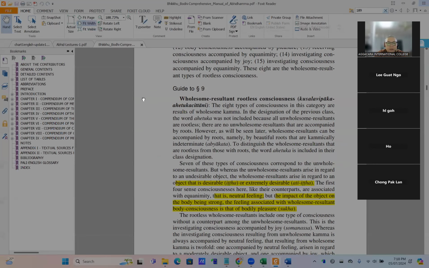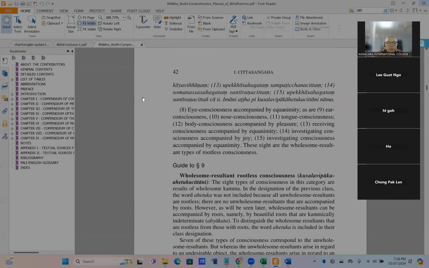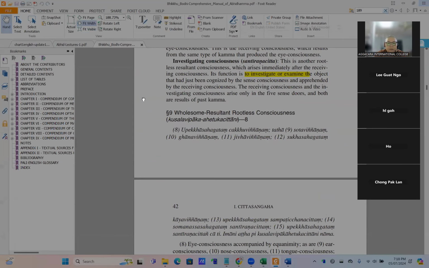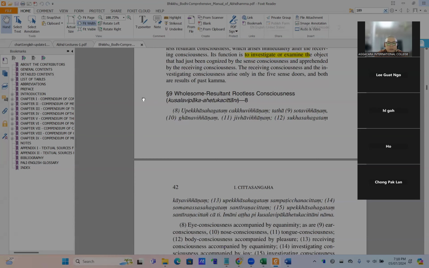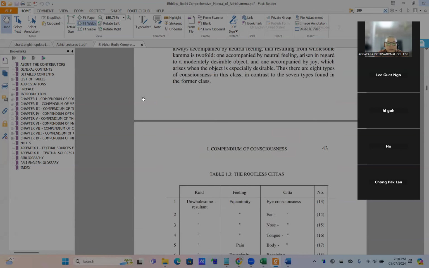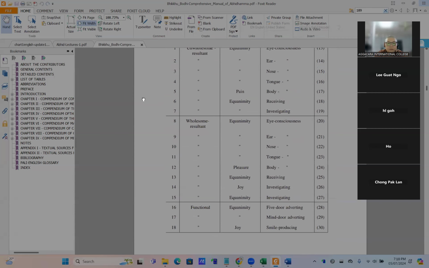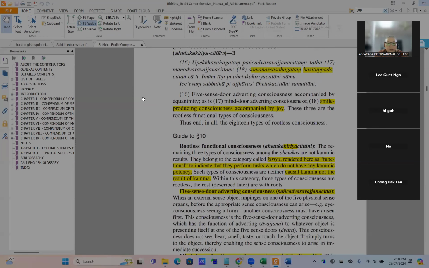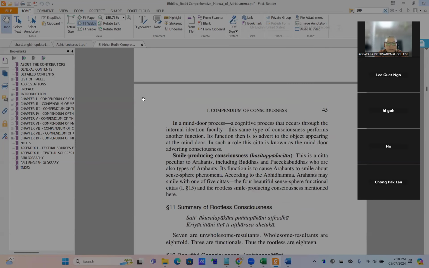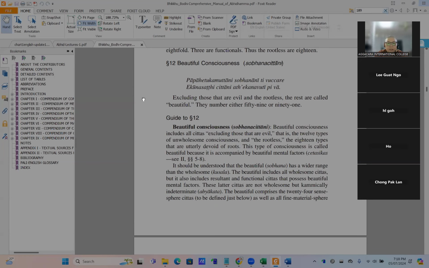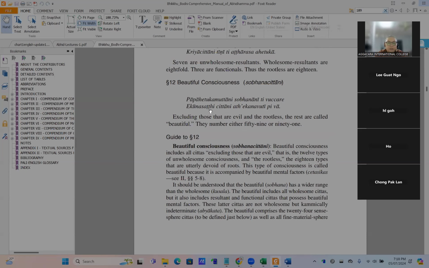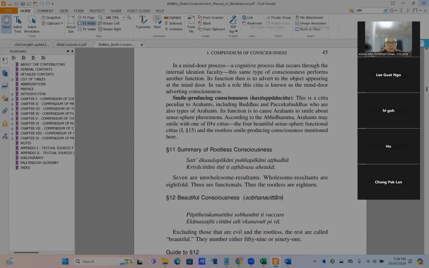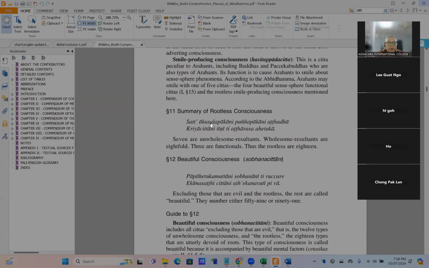It's on page 42. Start from page 45, all right? 45.